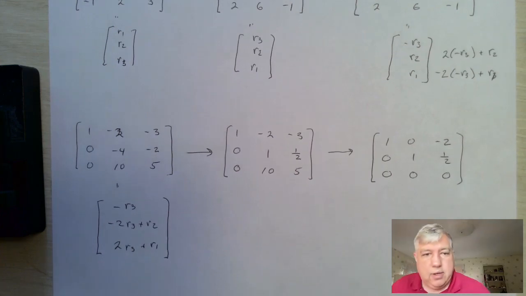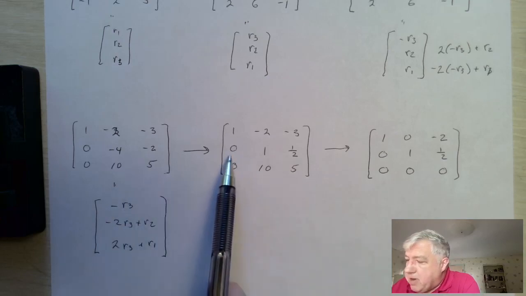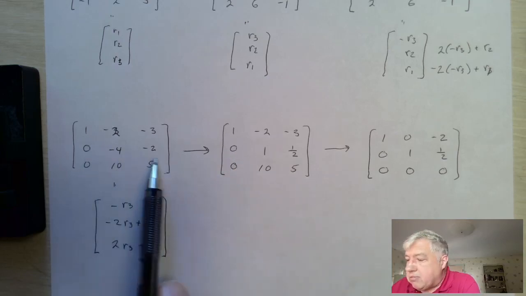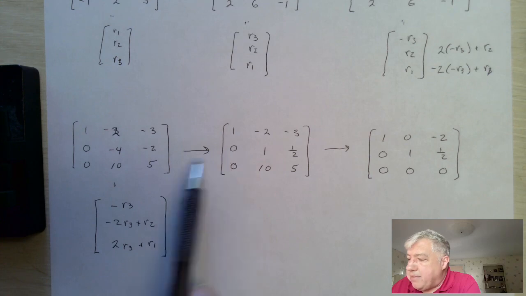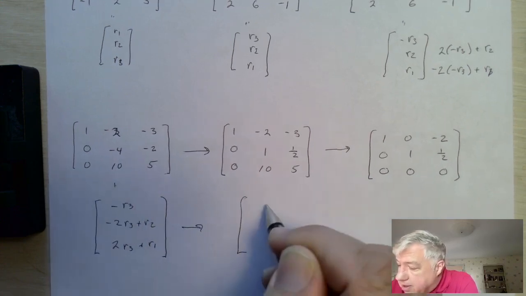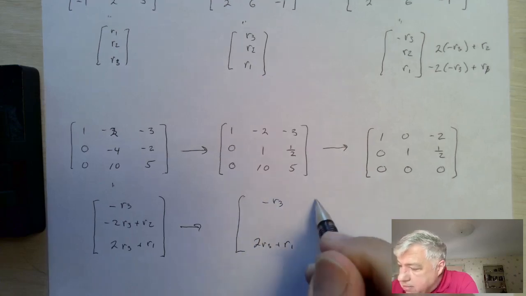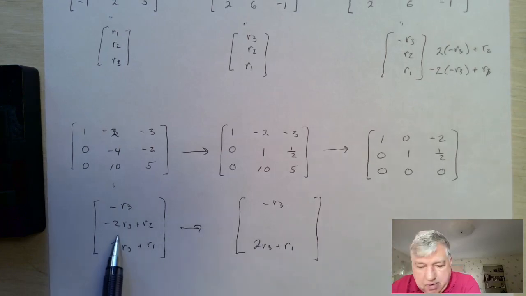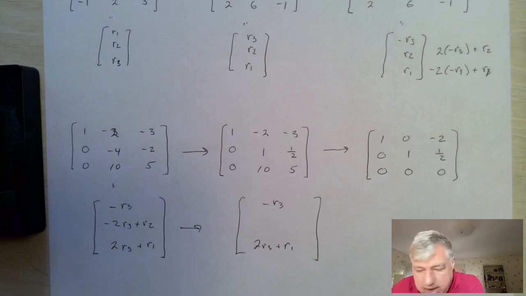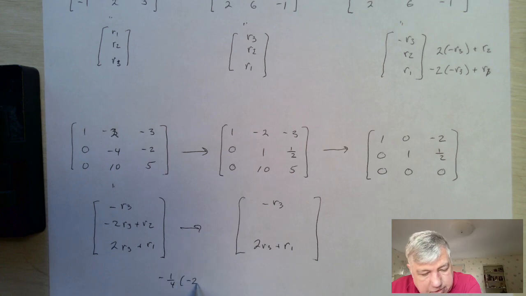Now, finally we want to make the 1 in this middle row, so we multiplied this row by -1/4. So the top row and the bottom row stayed the same, and then we multiplied this by -1/4. And when you do that, this is -1/4 times -2R3 plus R2.